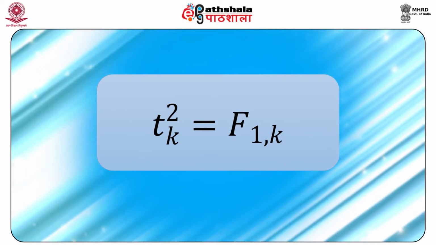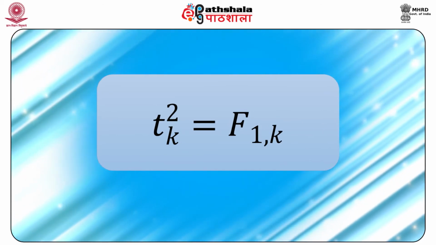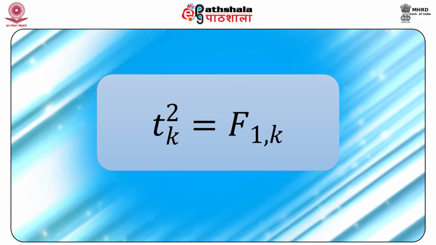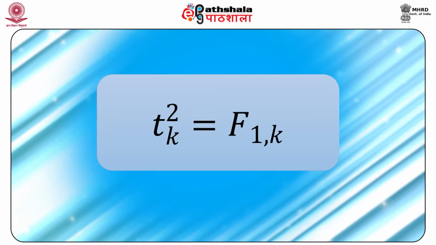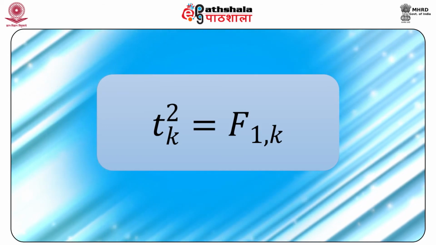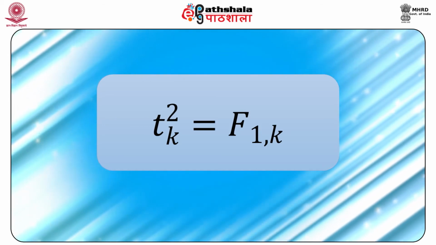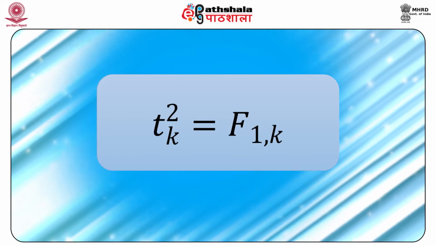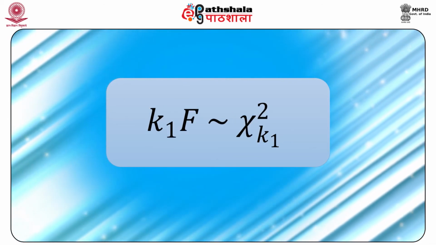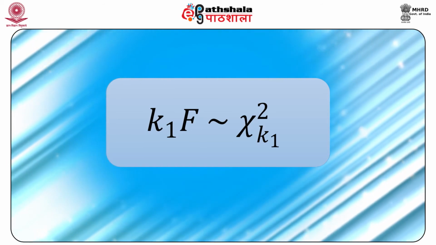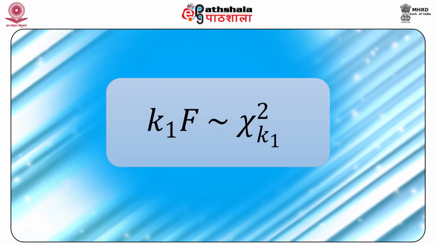An F distribution with 1 and k degrees of freedom is equivalent to the square of the t distribution with k degrees of freedom. In other words, t square with k degrees of freedom is equal to F_1,k. Now, there also exists a relationship between the F and chi-square distributions.